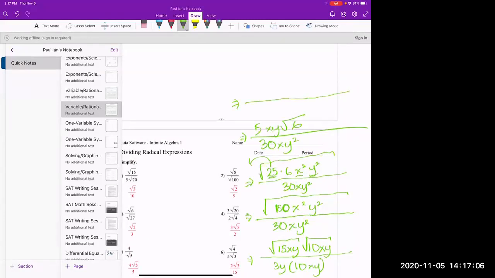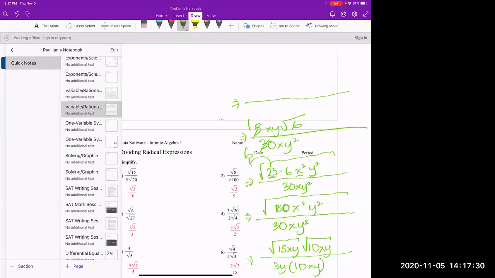You could cancel it. How many 5s go into 30? 6. So it's 1 over 6, right? Yeah. What about the x and the y? That comes out once.